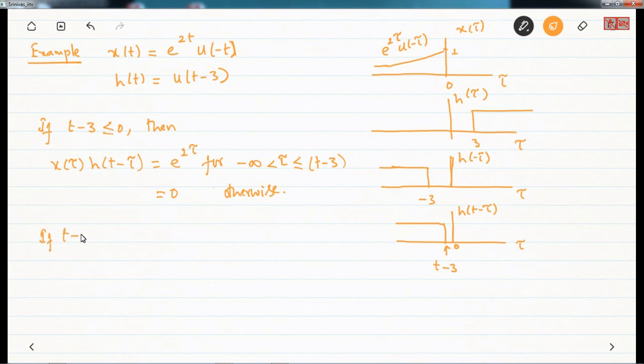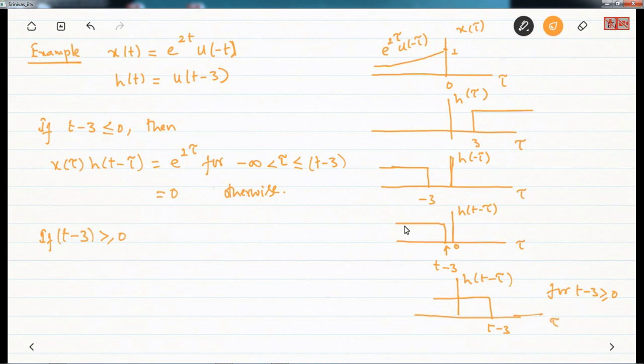Now, if t minus 3 is greater than or equal to 0, so when t minus 3 goes to the right, let me draw that picture. So this is for t minus 3 greater than or equal to 0. H of t minus tau, this is tau.